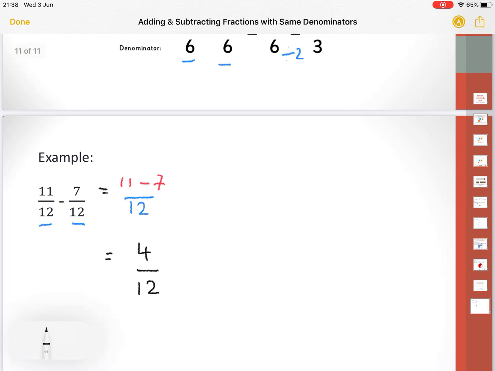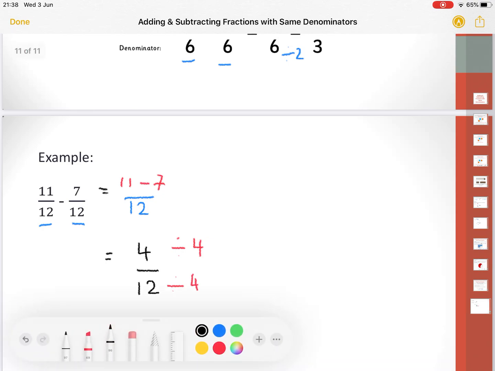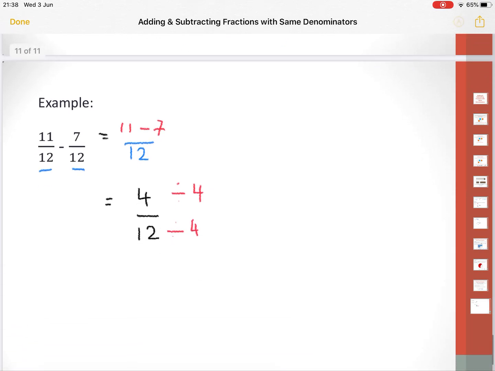But 4 twelfths, both 4 and 12, alright, are multiples of 4. So I can divide top and bottom by 4. So my answer eventually is 4 divided by 4, it's 1. And 12 divided by 4, it's 3. 1/3 cannot be simplified further, so that is the final answer.